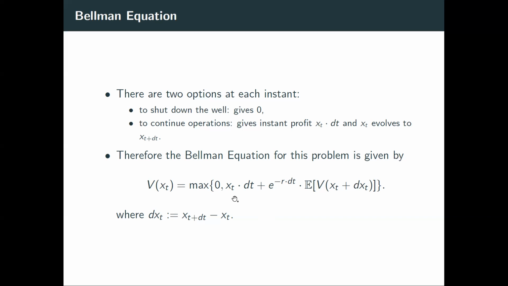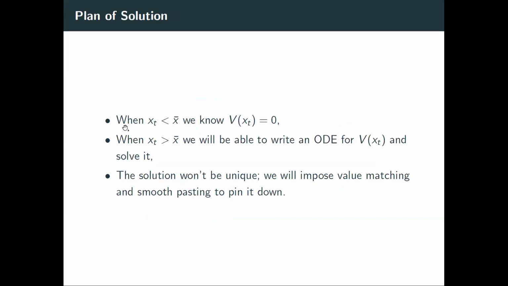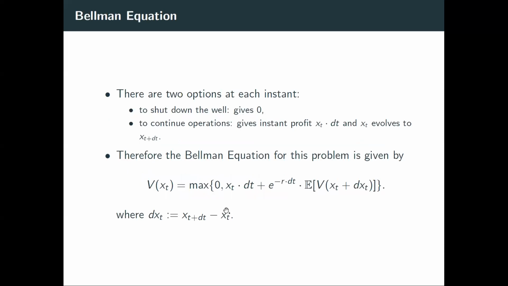So let's move forward and actually solve this Bellman equation. We already characterized that there exists some X bar such that if your current XT is lower than X bar, you stop operation, and therefore for this region, 0 is larger than continuing operation.